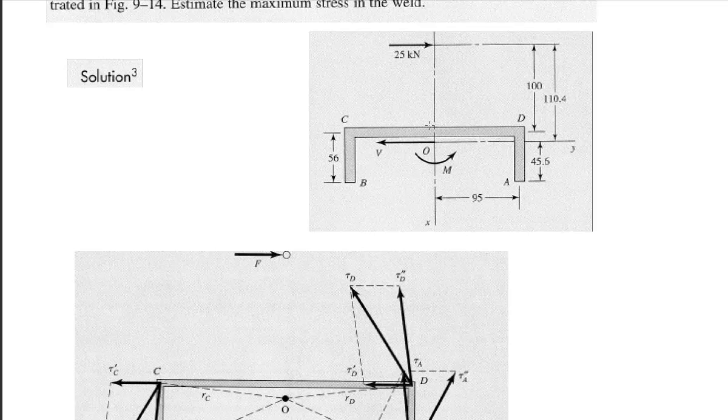The centroid in this vertical direction would be the area of this times half its height, as measured probably from the very bottom. Then the area of this times its distance from whatever our reference dimension would be.